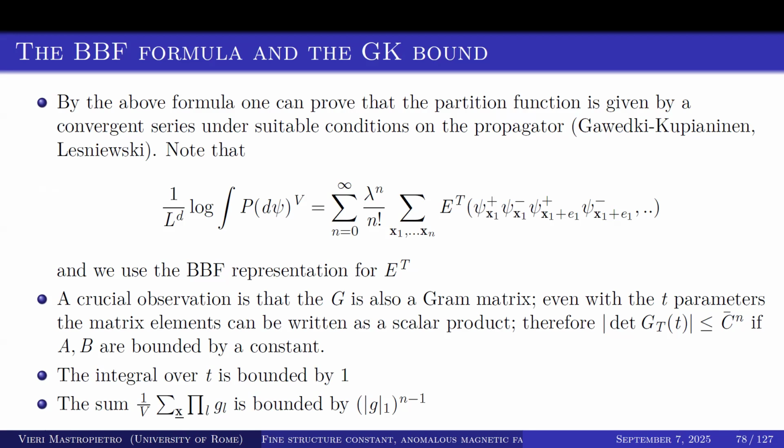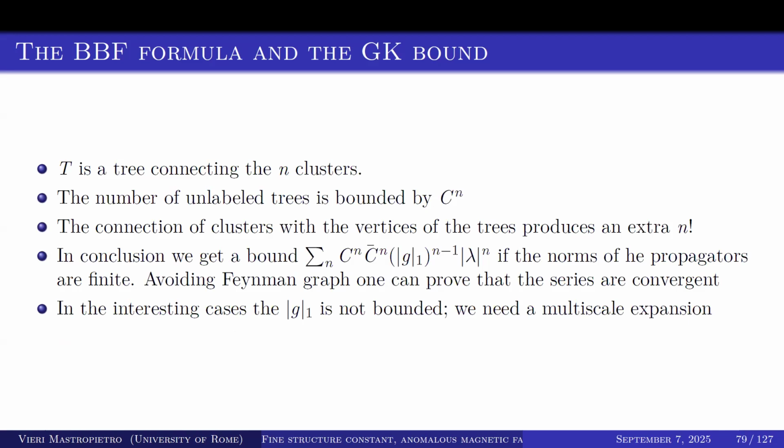So G is a Gram matrix, so the determinant is bounded by C^n. The integral over t is bounded by 1. Now the sum over x, or the integral over x, is bounded by the G1 norm. Then you use Cayley's formula for bounding the number of trees. The number of unlabeled trees is bounded by C^n, and the combinatorial class with n vertices is n factorial. Then at the end you get this bound.